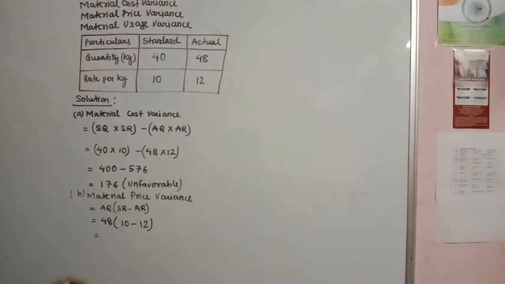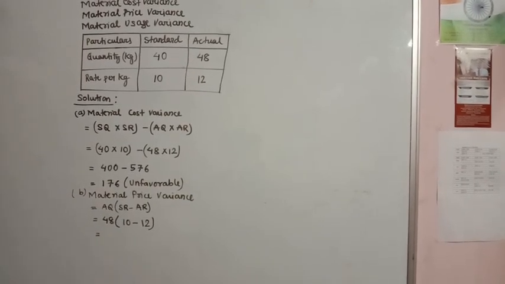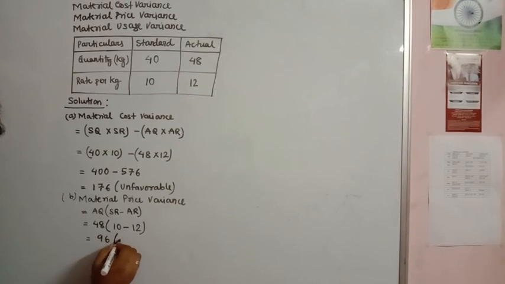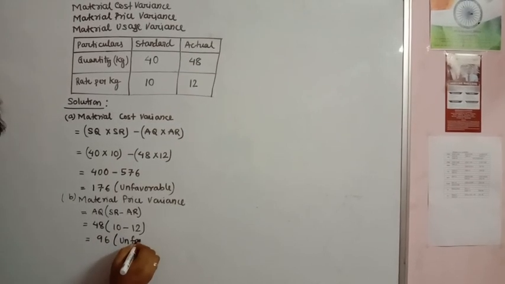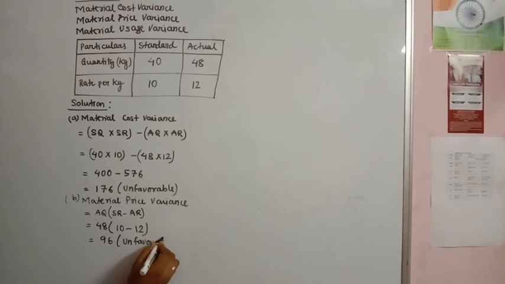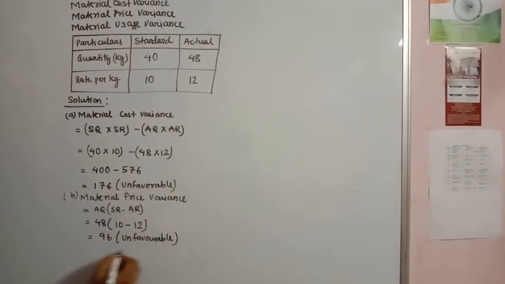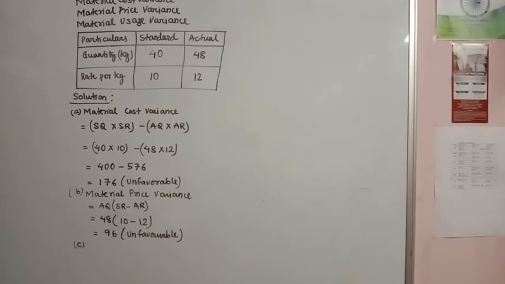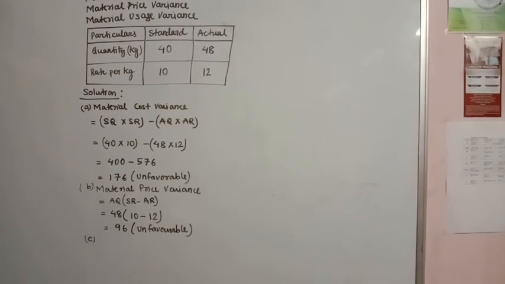So 48 into minus 2, you get 96. It will be negative, so you will write it again as unfavorable. If the figure is negative, you take it as unfavorable. It is not in favor of managerial efficiency.